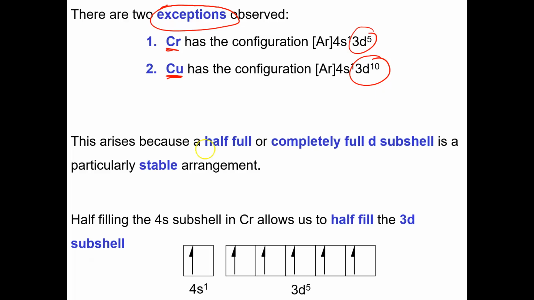And the reason for this is because a half full or completely full d subshell is very stable. So it's not quite as stable as a noble gas configuration, but it's very stable. So by taking an electron from the 4s and putting it into the 3d, chromium gets a much more stable electron configuration.